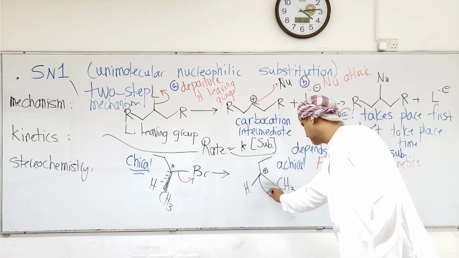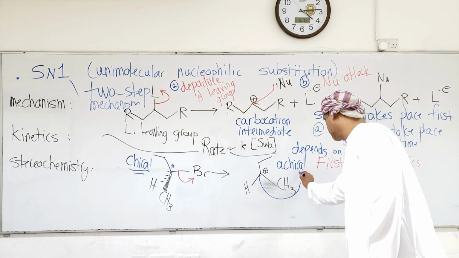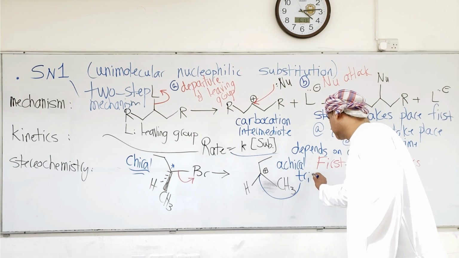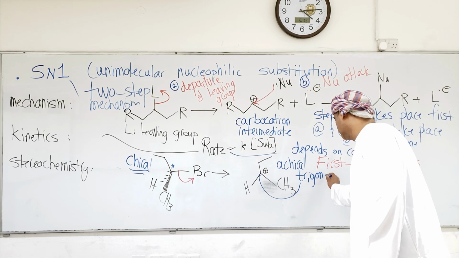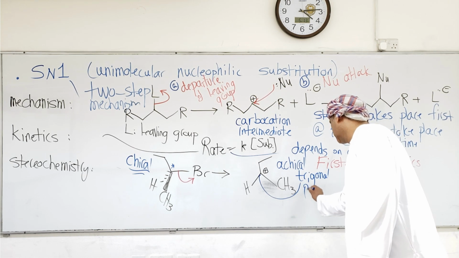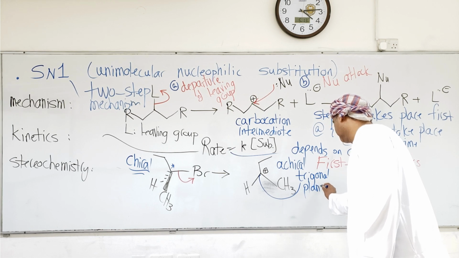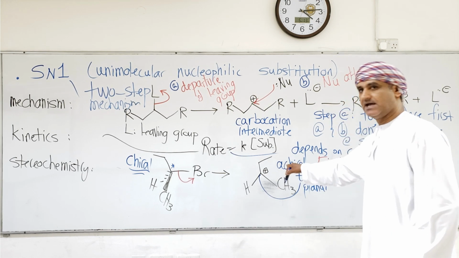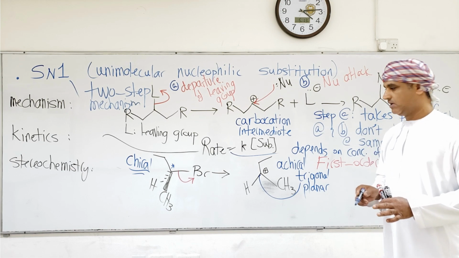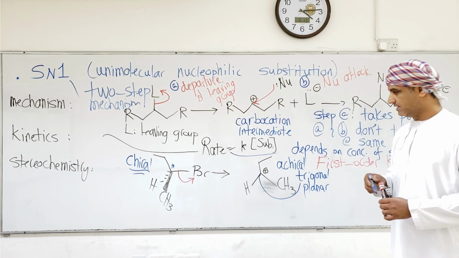Remember, this carbon is sp2 hybridized. It is trigonal planar. It is not tetrahedral anymore for it to be chiral. It's a trigonal planar center, and therefore it is achiral.